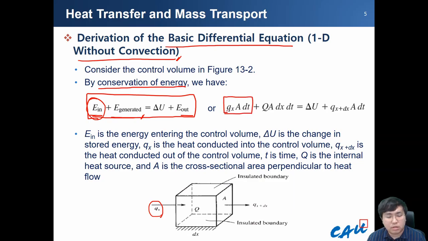This is the energy inserted into this volume side. Also, if we have uniform energy generation inside the volume over the same time, Q is the energy density. This must equal the internal energy change plus the heat flux going outside. So this is the energy balance equation.